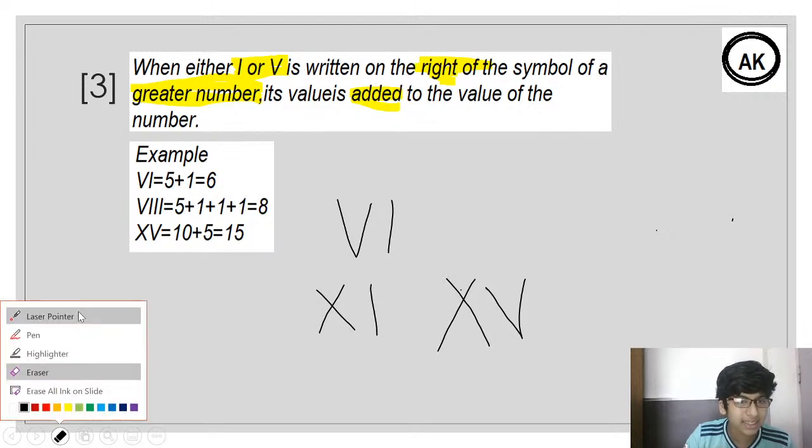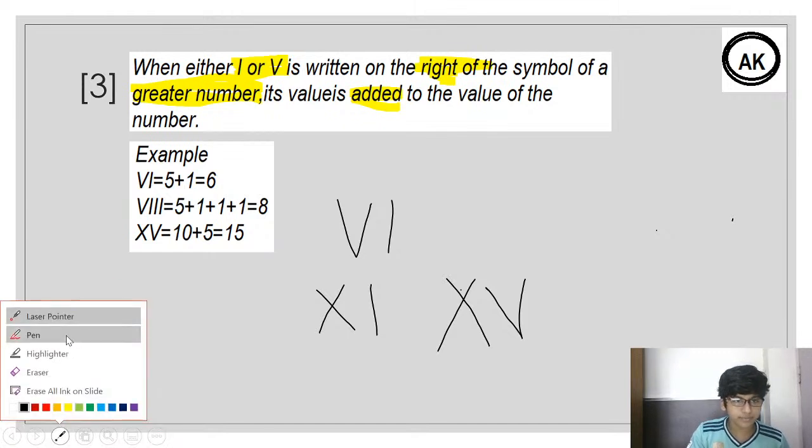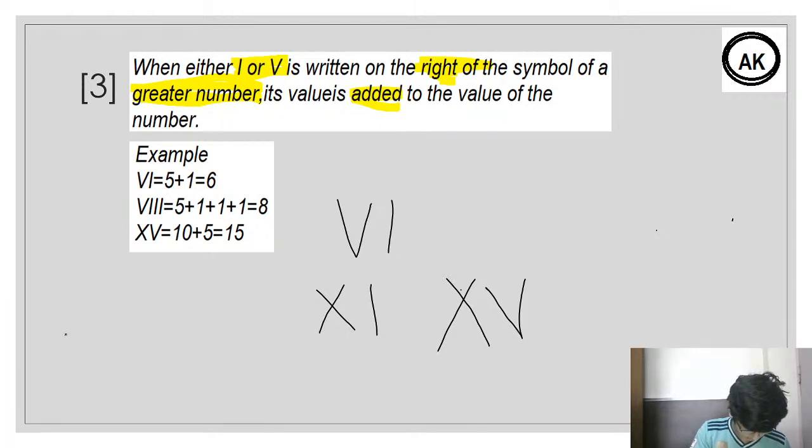So in this case, it tells us that a lesser number, I or V, is on the right side of the symbol. Because we have Roman numerals, children, write in the chat box: we have Roman numerals from which digit to which digit? 1 to 20.